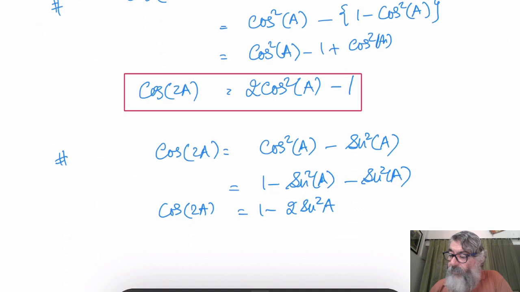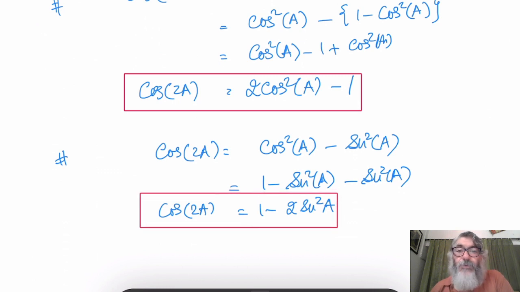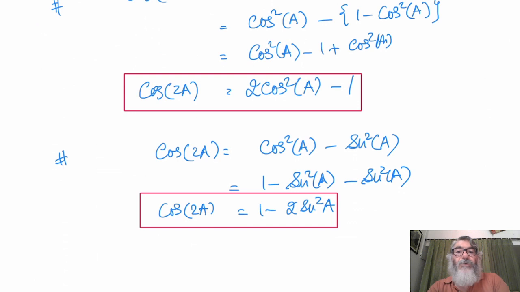So cos 2A is cos square A minus sin square A. Cos 2A is also 2 cos square A minus 1. It is also 1 minus 2 sin square A. Now one more formula.